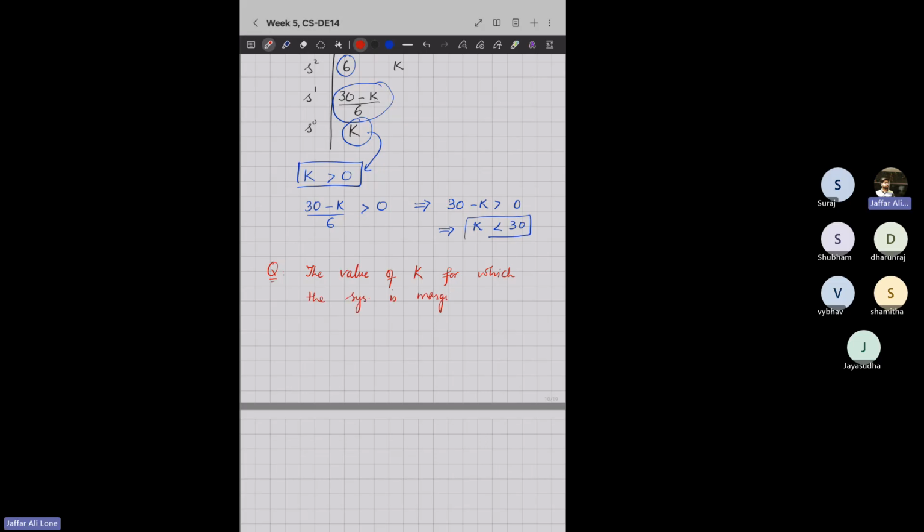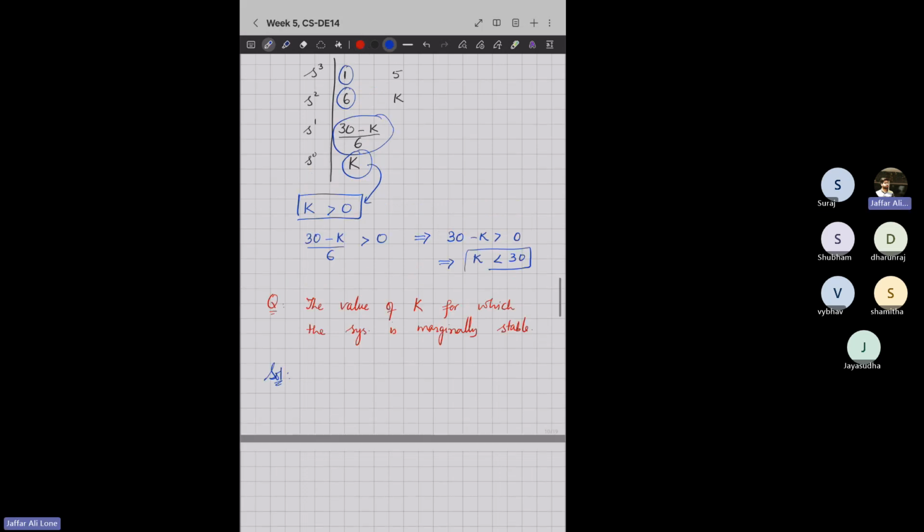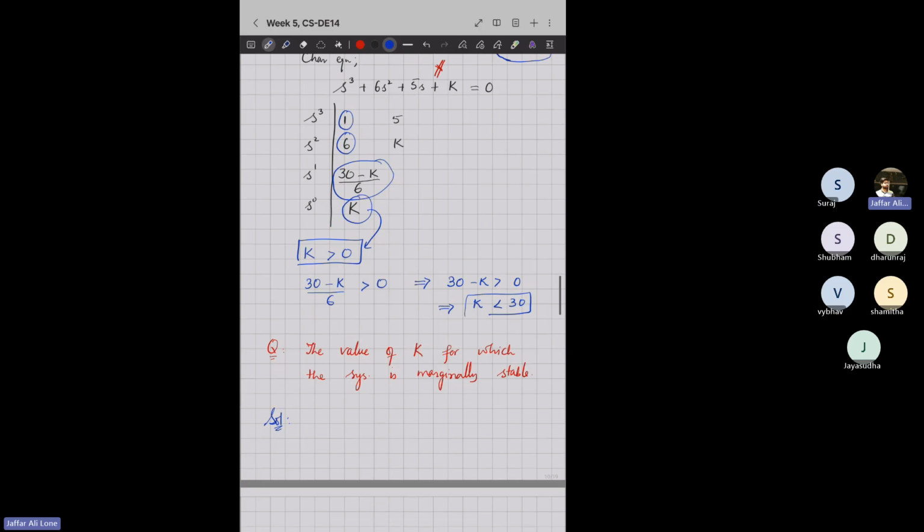Now here your concept will be checked. The value of K for which the system is marginally stable is, please solve it. Everything is given. You have the Routh array, you have the characteristic equation given.